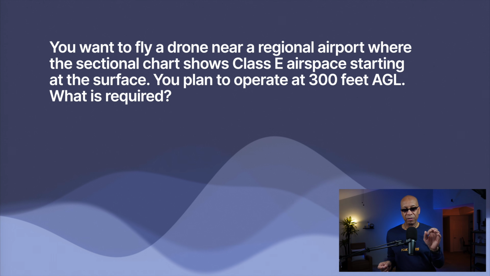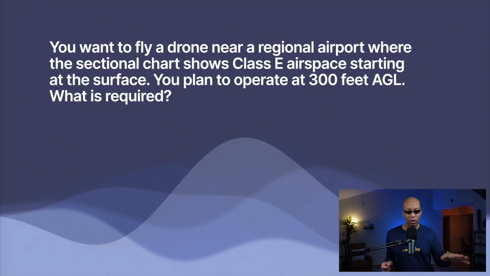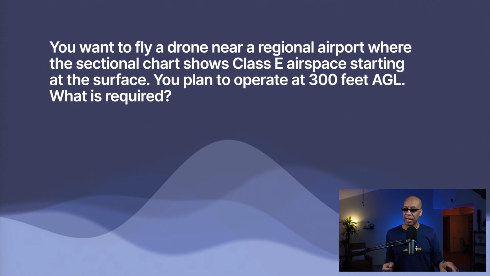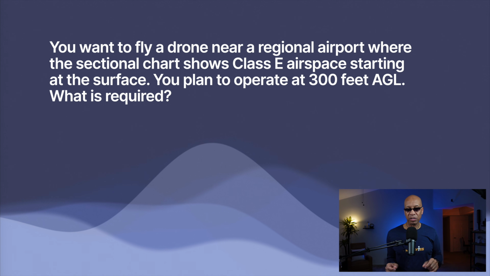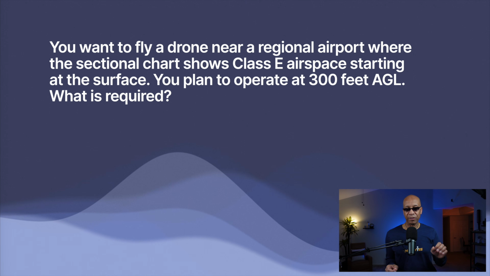I'm below 400 feet AGL as the FAA requires, so I'm good. I'm okay. But that's not what the question said. The tricky part of this question says that Class E airspace is beginning or starting at the surface. Anytime Class E airspace starts at the surface, you must get authorization from air traffic control.